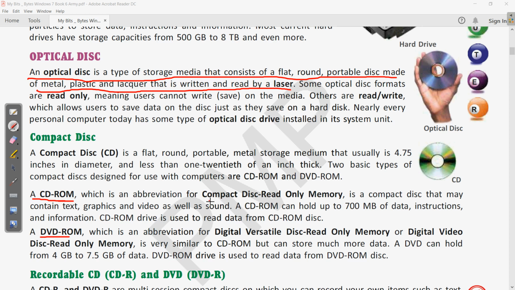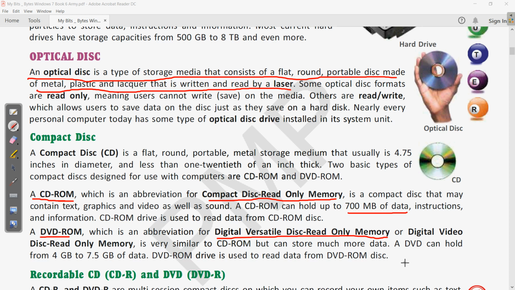For CD-ROM you can write the full form from here: compact disc read-only memory. Then also write the storage of that. Clear? 700 MB is the storage of CD. Then for the DVD, write DVD-ROM, then write the full form, that is digital versatile disk read-only memory or digital video disk, any of the abbreviations you can write.